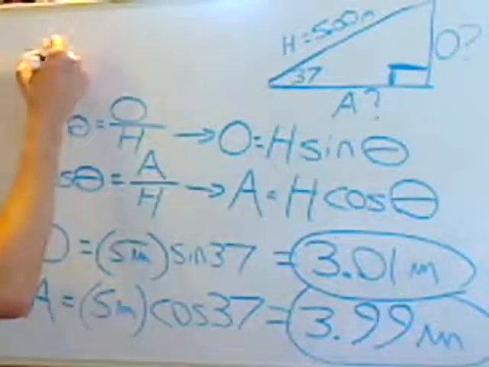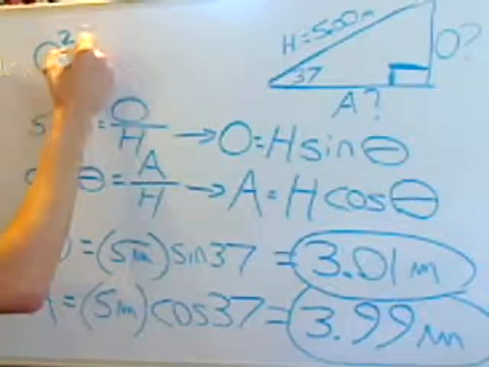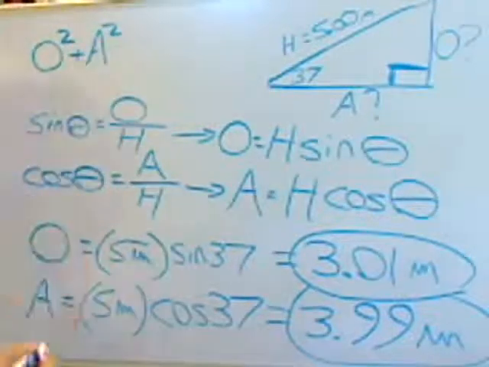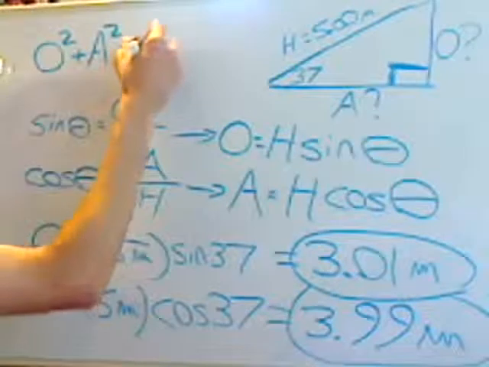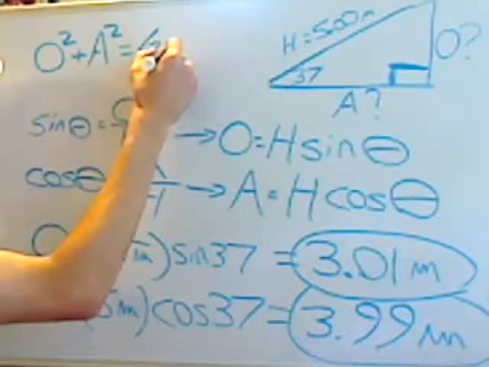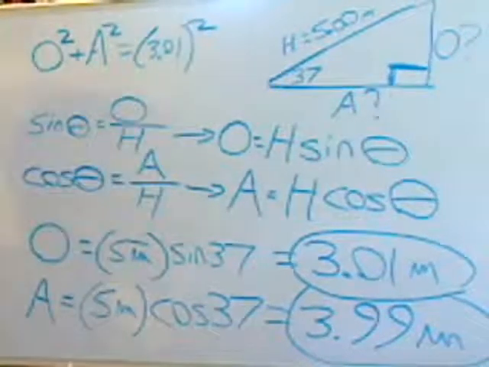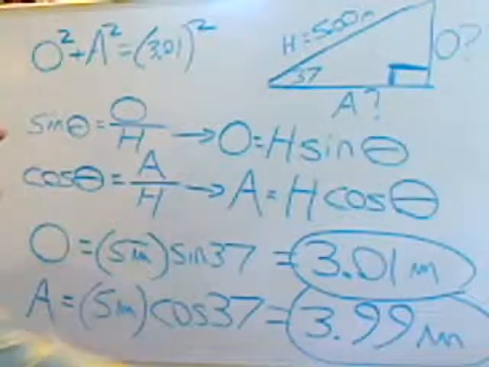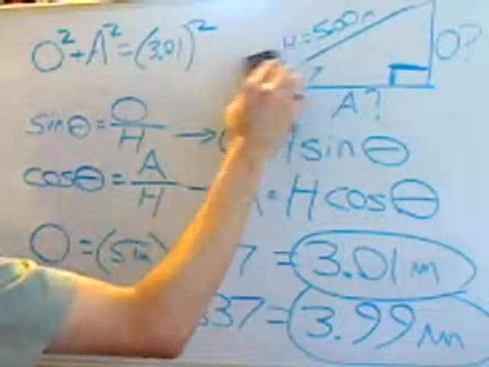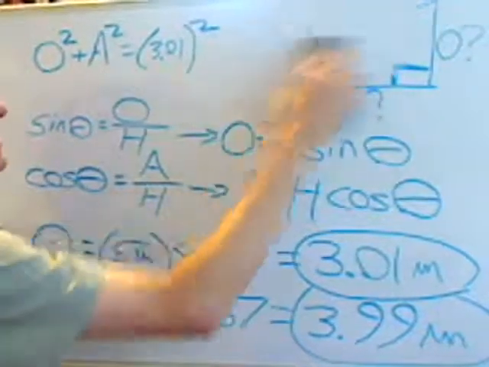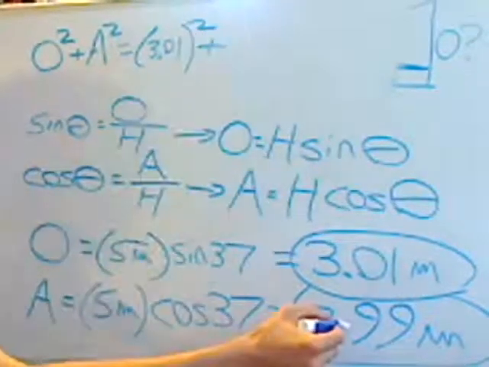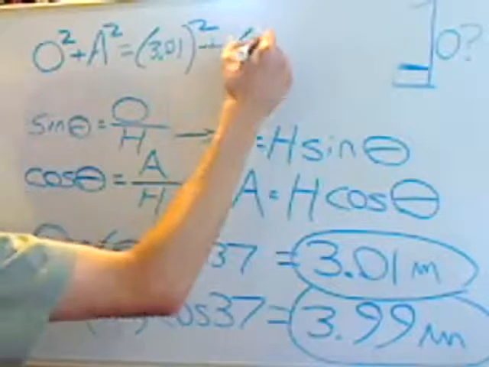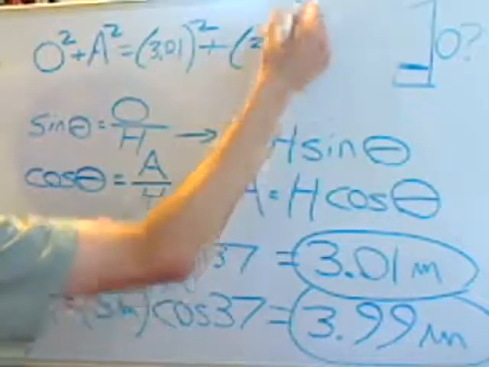So in other words, O squared plus A squared, which in this case, the opposite side is 3.01 squared. Okay, I'm going to go ahead and maybe erase a little bit of this over here, create some space. Plus the adjacent side squared, which is 3.99 squared.